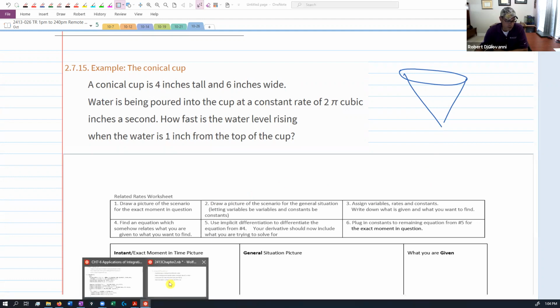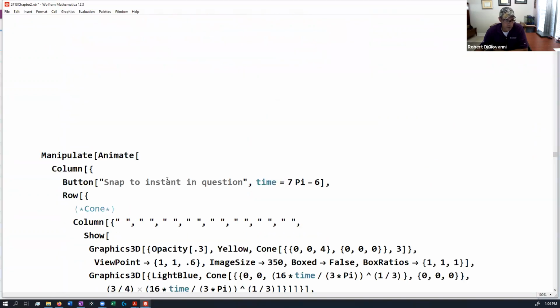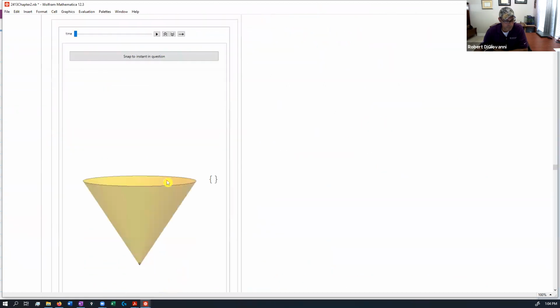I have an animation of it. It doesn't help you solve the problem, but the computer is going to basically start filling this thing up at a constant rate, and just watch what happens to the level of the water. See, in the beginning, it popped up really fast, and now it's just slowly coming up that cup.